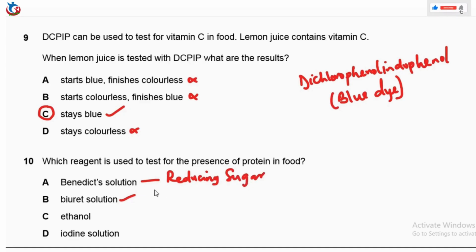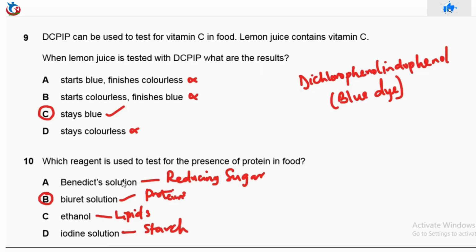Ethanol is used for lipids. Iodine tests for starch. So with this, only option B is a correct answer, which is used to test for proteins.